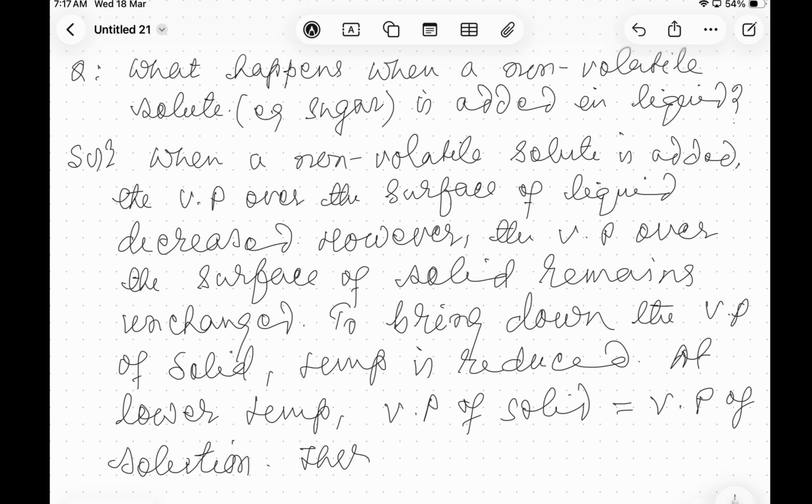Therefore, the freezing point of solution decreased.